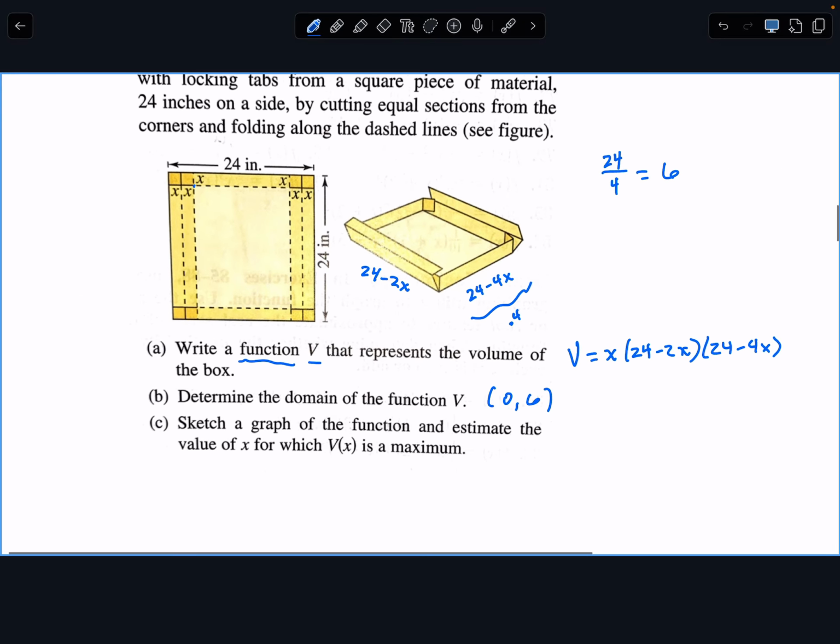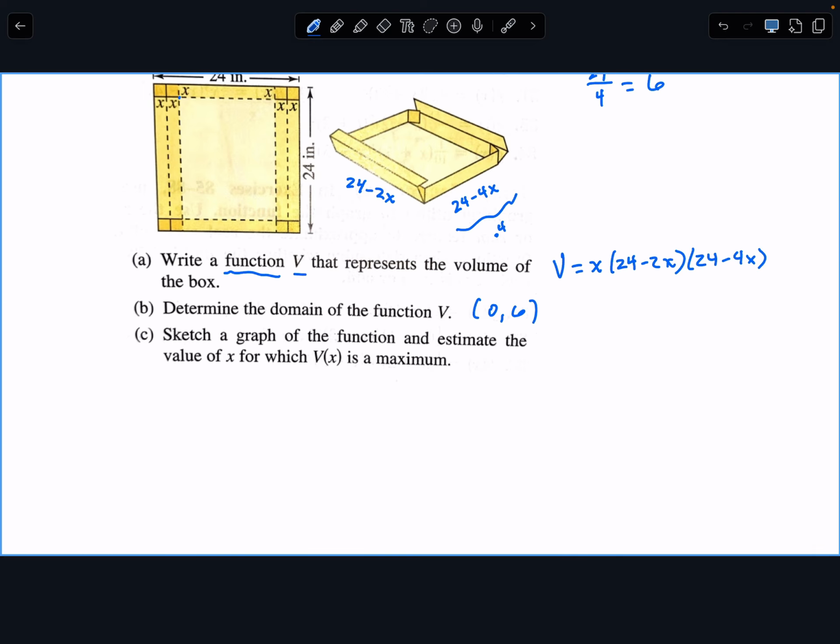And then we need to sketch a graph of the function and estimate the value for which the volume is a maximum. Well, we have the zeros, or we can find them. What makes this 0? Well, when x is 0, it will be 0. And if I solve for what makes 24 minus 2x 0, that is 12.